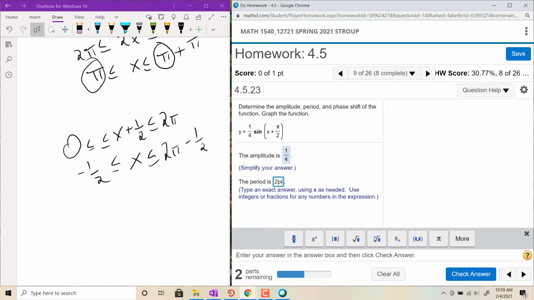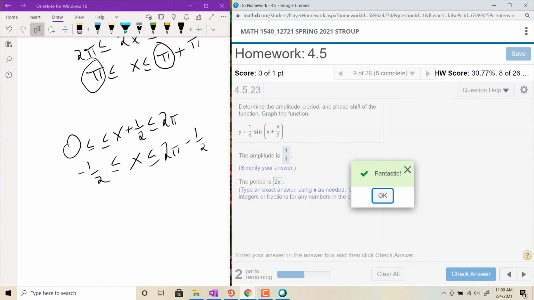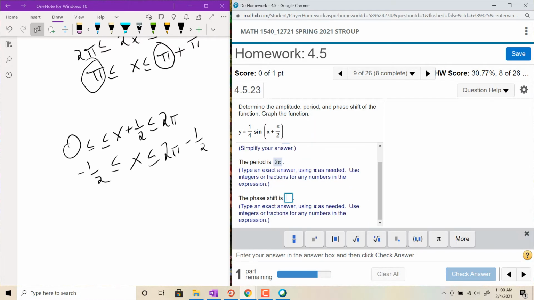Oh, did that by accident. Usually it just automatically turns that into a pi. Sorry, they're forcing me to use a button. That was too easy, you know. They got to make it a little harder for you. All right. Phase shift is negative 1/2.